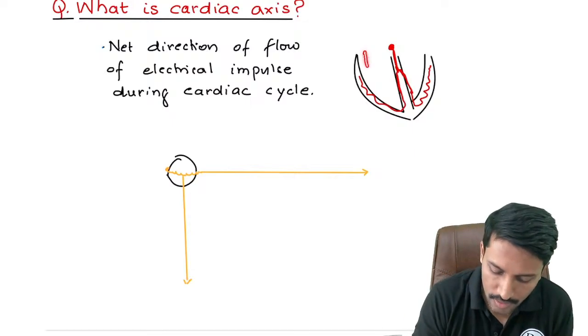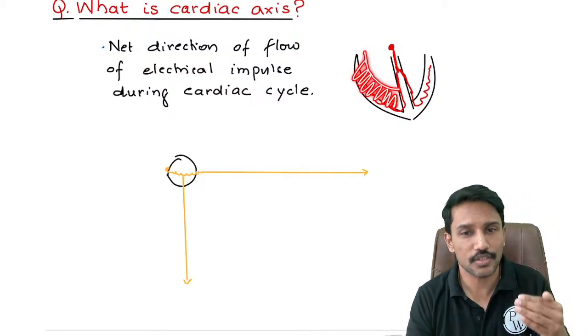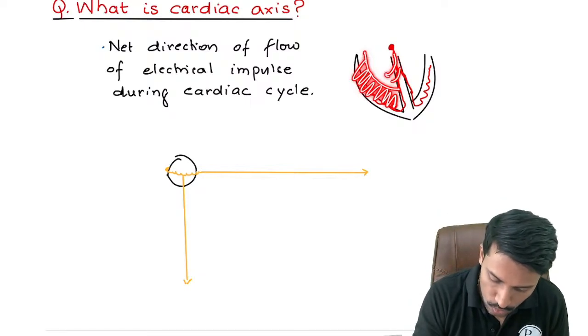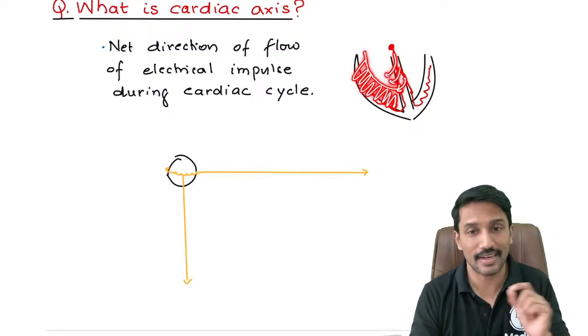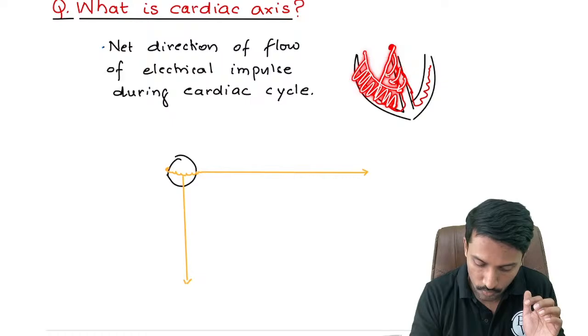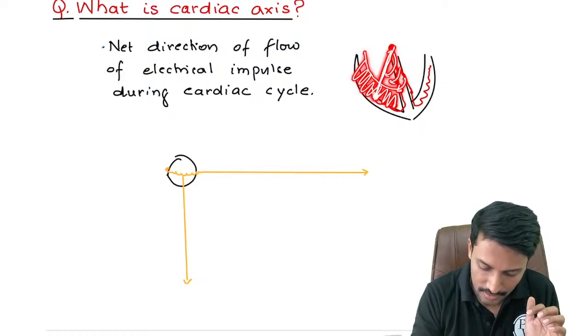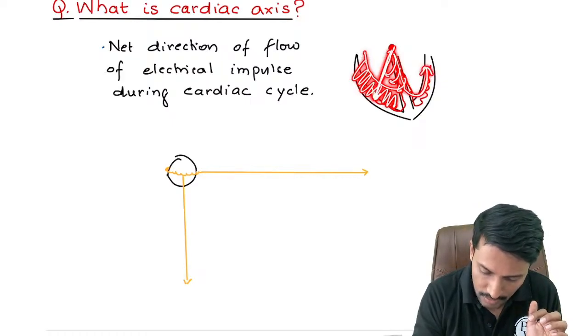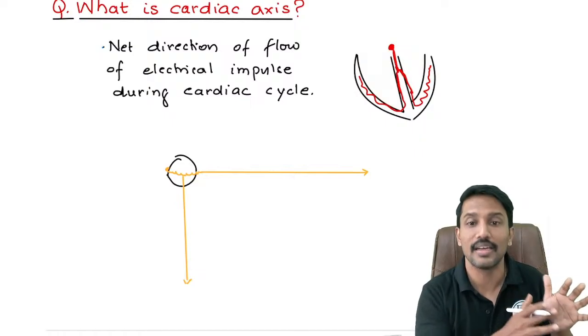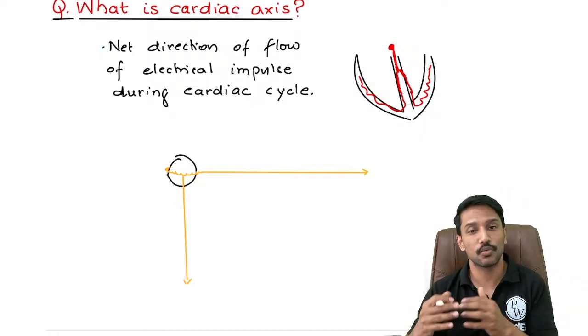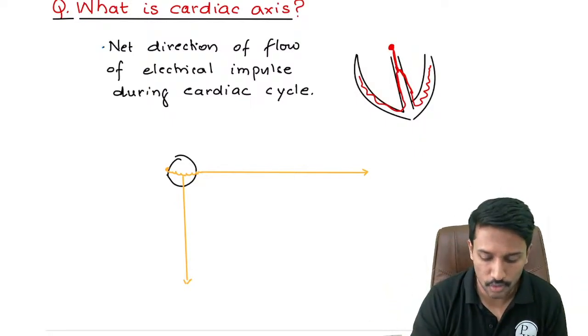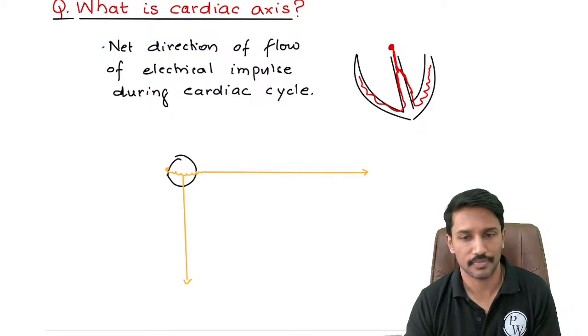But what if I develop a right ventricular hypertrophy? Now the right becomes more muscular, so more electricity moves towards the right ventricle. So in that case, the net axis of electrical flow is directed towards the right. Electricity is going to the left as well, but the net axis is directed towards the right. So that helps me to think of the possibility of some pathology of the right ventricle, right?